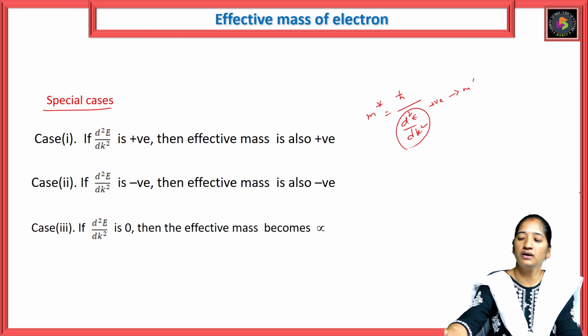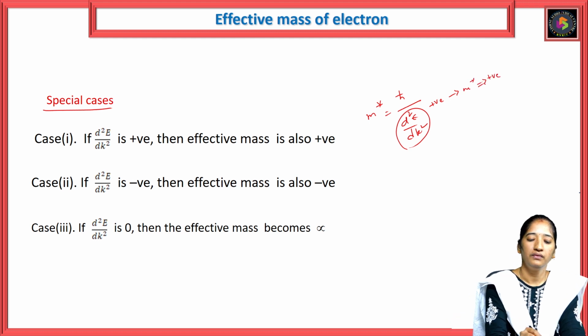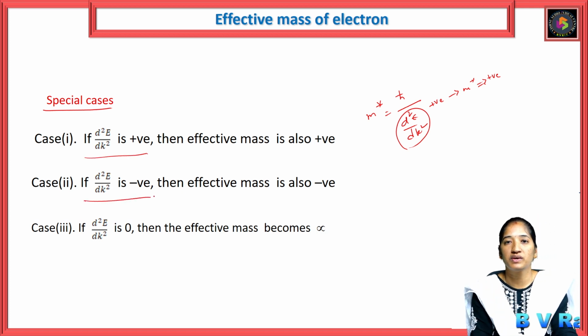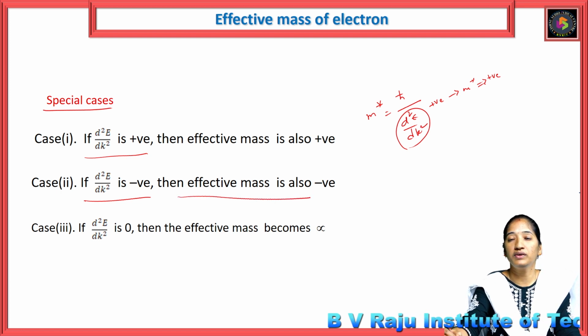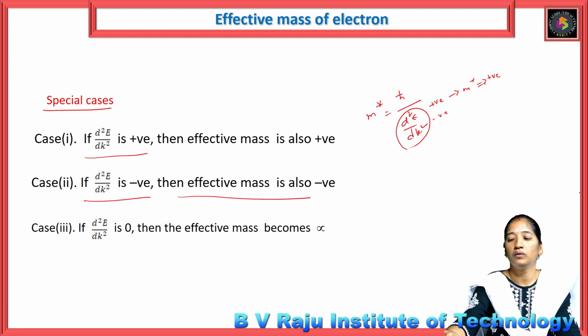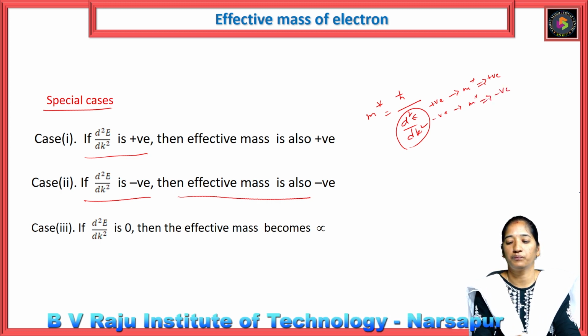Then if d square E by dk square is negative, then the effective mass of an electron is also negative.